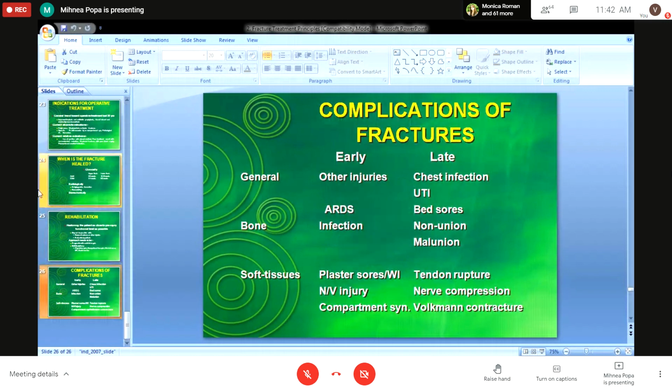Of course, as everything has, fractures also have complications. Some are general, some are local, and some are early and some are late.